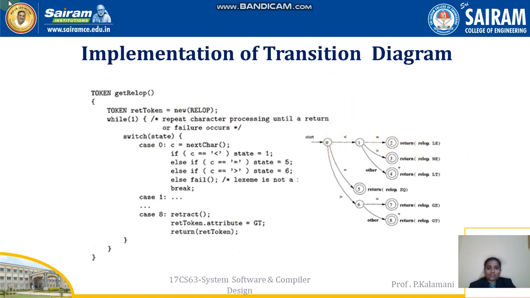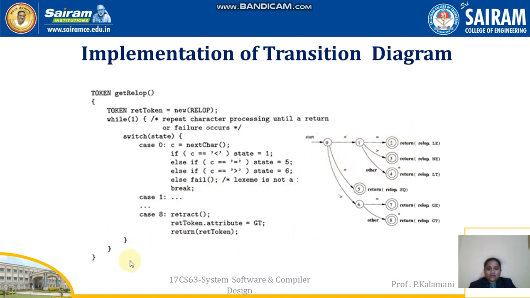Otherwise, if it reads the greater than symbol, it goes to state 3 and returns the token with attribute not equal to. If it reads any other character, it goes to state 4, retracts, and returns the token less than. Retract means it goes back to the previous state. Like that it is going to work out.